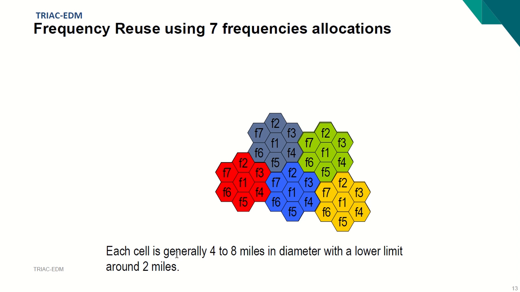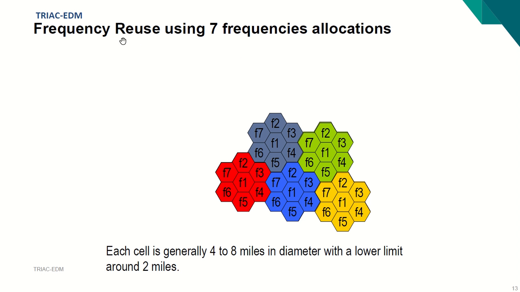This is in the older generations, for example, 2G and 3G. Nowadays, for example 4G and 5G, it tends to use a smaller size, for example 300 meters or 500 meters. We use a smaller cell size so that it can be reused more frequently.